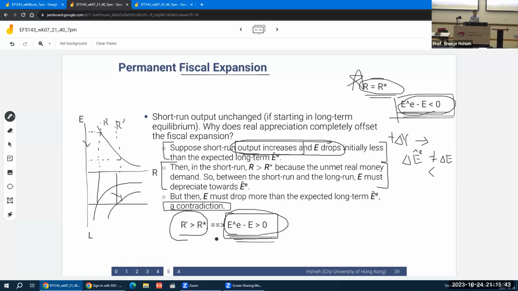Investors are only willing to conduct carry trade if E hat E minus E is positive. If there's a gap, then the gap is closed only if E hat E minus E is positive, right?